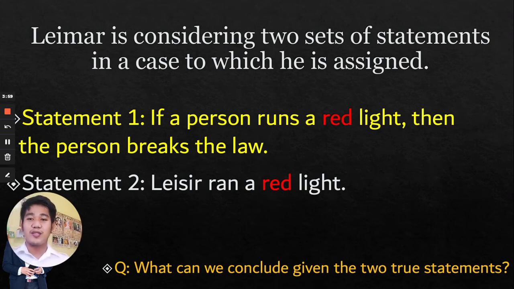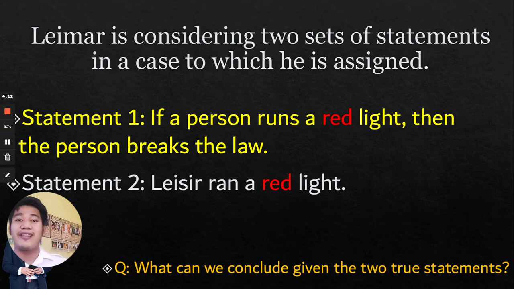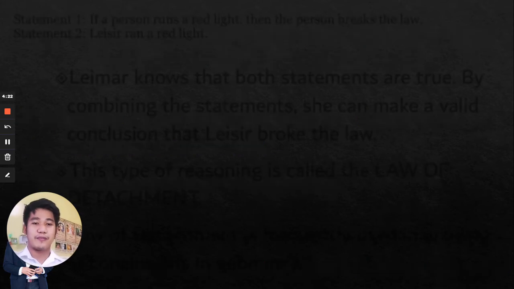So what can we conclude, class? We can conclude that Lisa broke the law, since she ran a red light and if a person runs a red light, the person breaks the law. So we conclude that Lisa, again, broke the law. Okay, that's how we conclude.